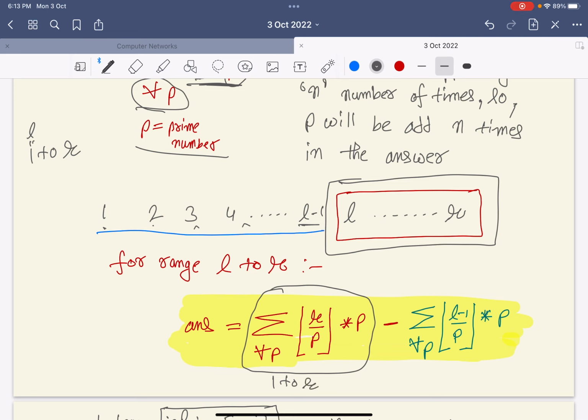So this is the answer if I consider the range from 1 to R. And this is the answer if I consider the range from 1 to L minus 1.